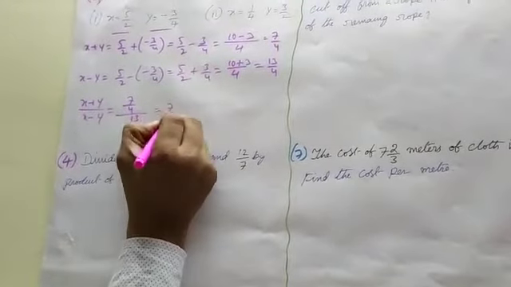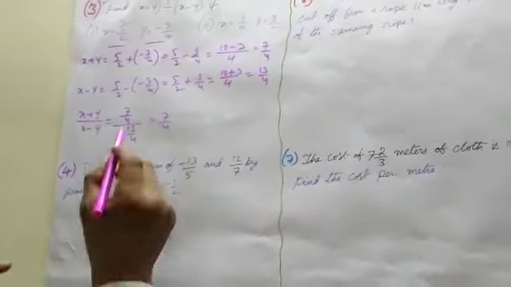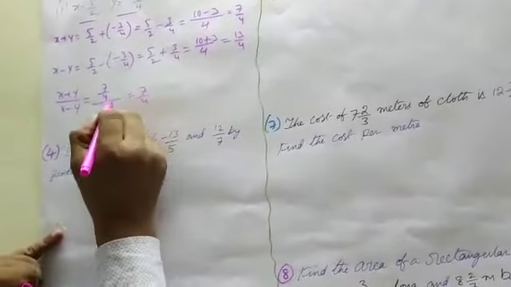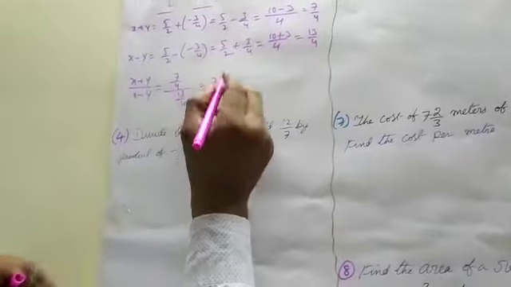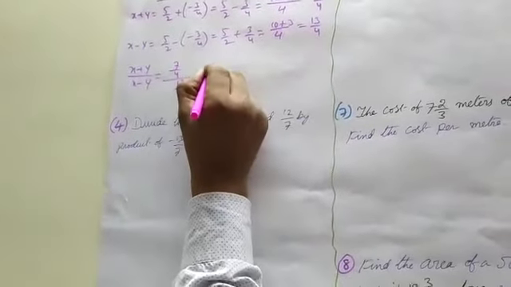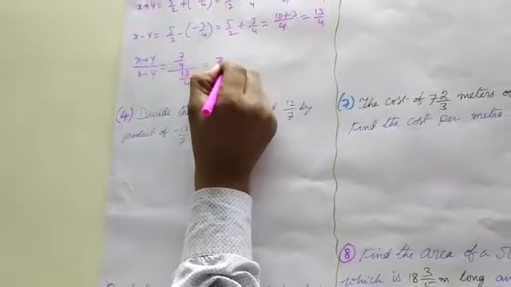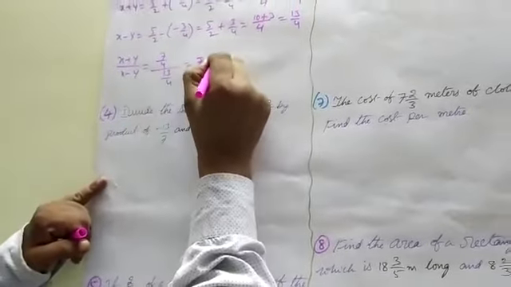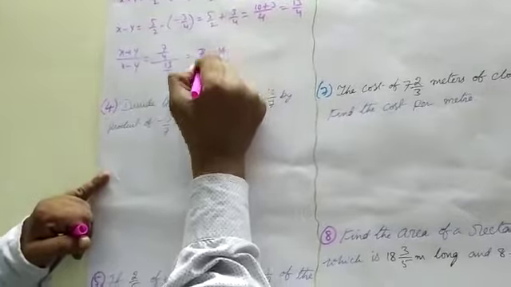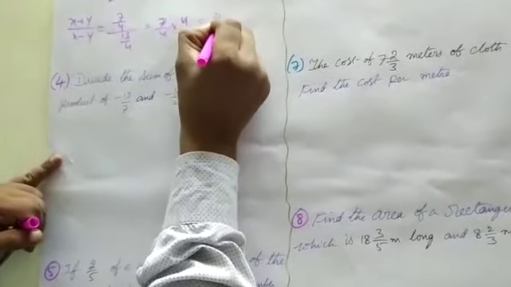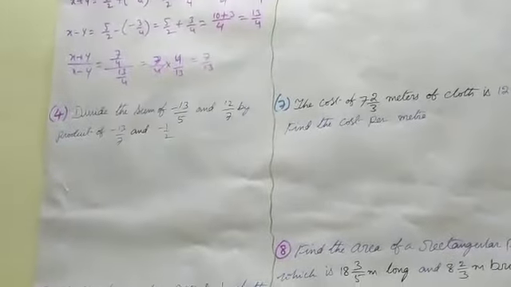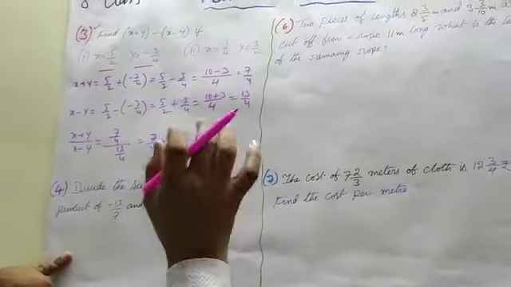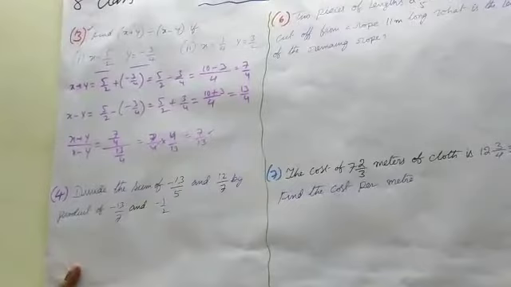The numerator and denominator are rational numbers. A rational number divided by a rational number means the numerator rational number 7 by 4 into the reciprocal of the denominator rational number, 4 by 13. The 4 gets cancelled, that is equal to 7 by 13. 7 is a prime number, 13 is a prime number. This is the standard form, not possible to simplify.